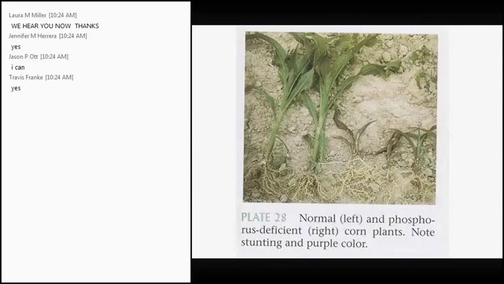Spindly roots, very few roots, large roots, and so the ability of that plant to take nutrients up and water is drastically reduced as compared to these nice looking fibrous roots and lots of little tiny roots that you have on the normal plant. So if you were trying to produce corn and you had a crop growing looking like this, do you think you're going to grow very much corn? Answer to that's probably not.